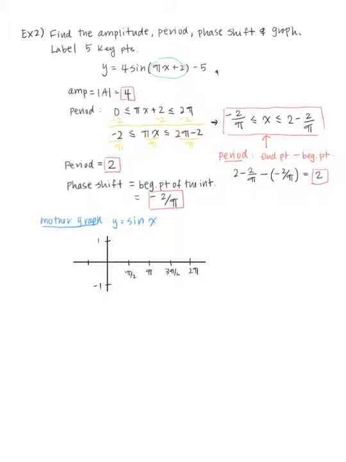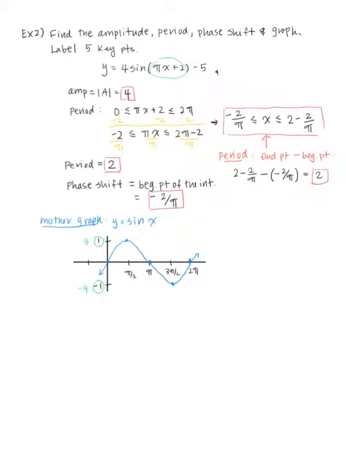Alright, so the sine graph goes what? 0, high, 0, low, 0. Okay, so this is the mother graph. Okay, so now since amplitude is 4, do you see what's going to happen? At the end, this is going to become 4, this is going to become negative 4.